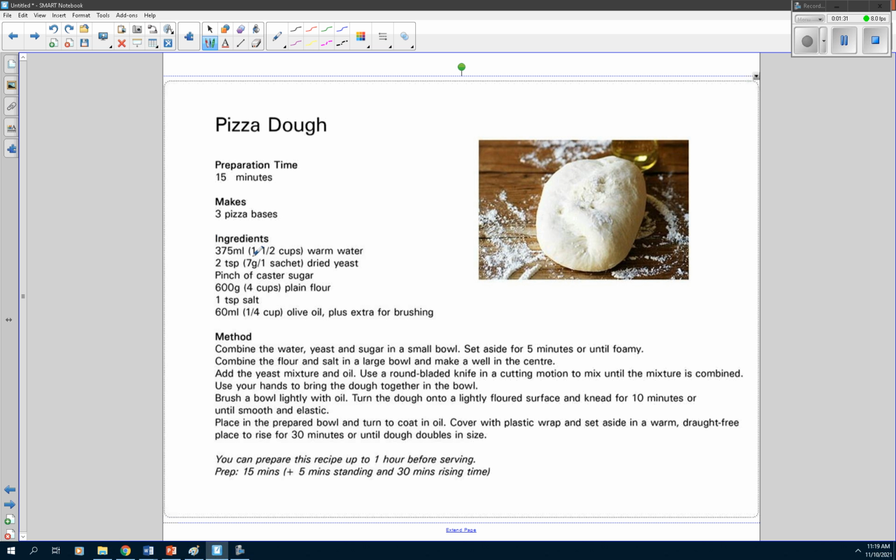And it's understood that these ingredients, water and yeast and sugar and flour and salt and olive oil, when they chemically react, are going to produce a product, which is the pizza dough. So if you get this analogy that a food recipe can produce a product, then you understand intuitively how a chemical reaction, ingredients, can produce products. So let me show you what this looks like.